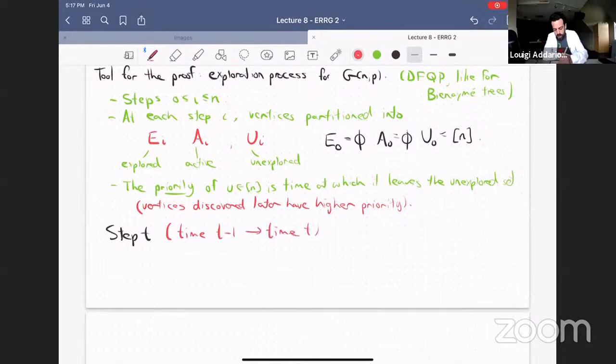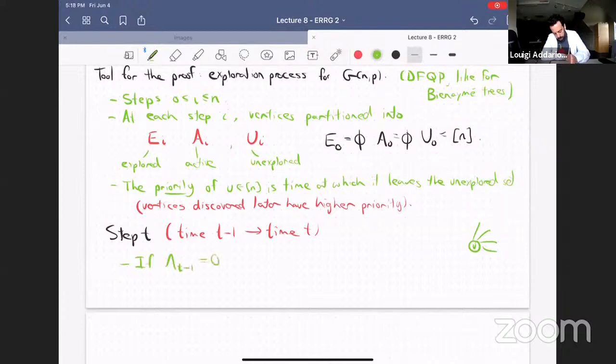Okay, so we want to explore a vertex, and exploring a vertex is always going to mean revealing the neighbors of that vertex among the previously unexplored part of the graph. So the question is, how do we choose what vertex to explore? If there are any active vertices, we'll choose one of them.